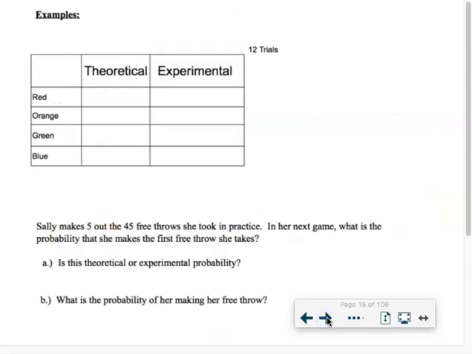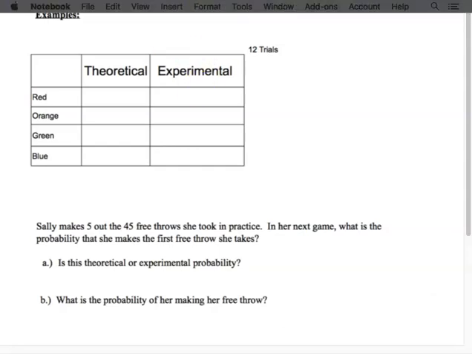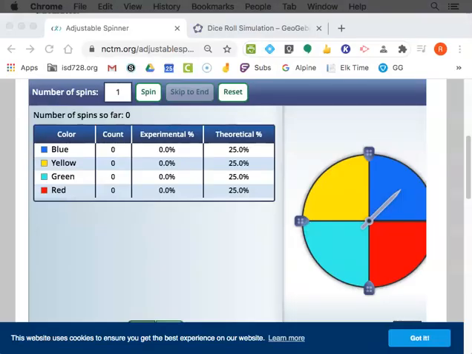So if you're looking at a spinner, I think I have a picture of a spinner that I can pull up on the screen with a red, a yellow, orange, red, orange, green, and blue for our options. Okay, so instead of yellow, we'll just say that yellow is orange for what we're looking at in our table.